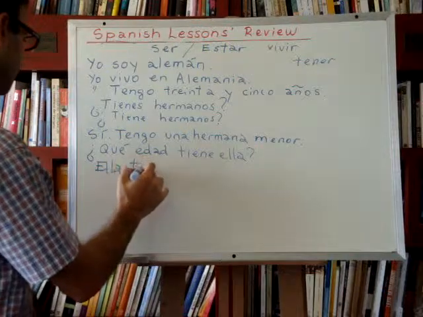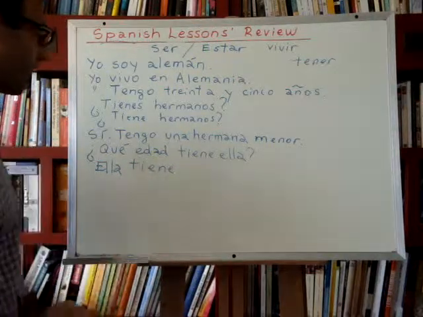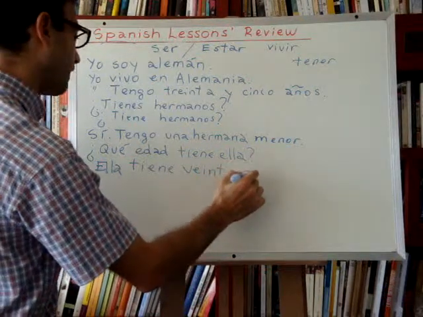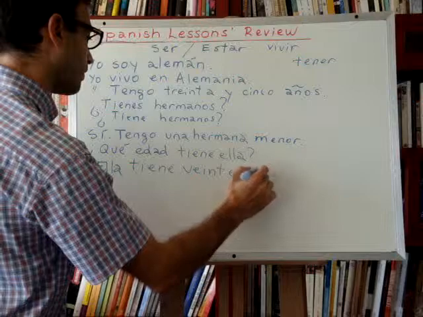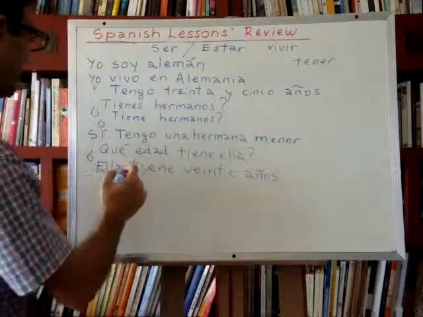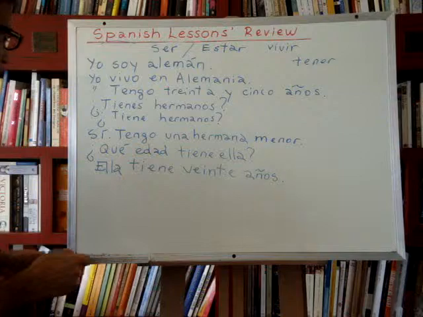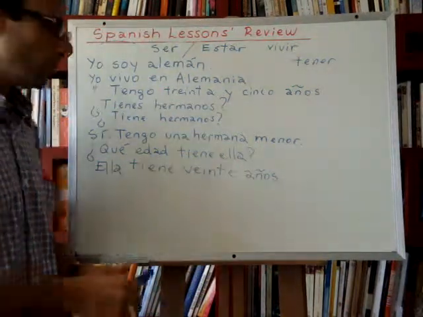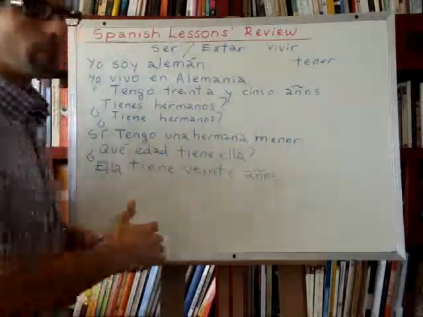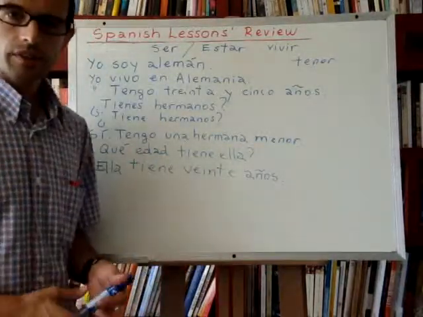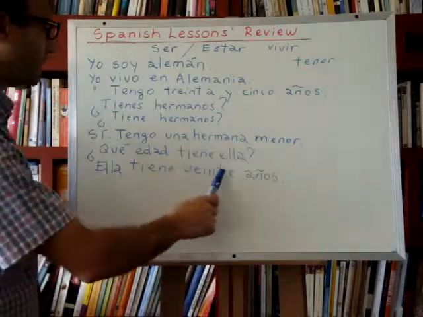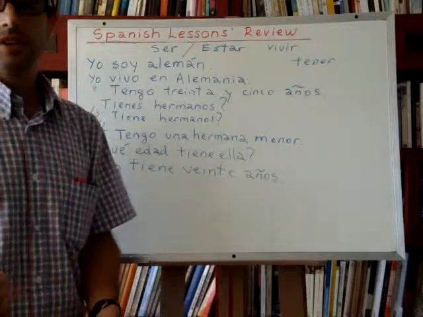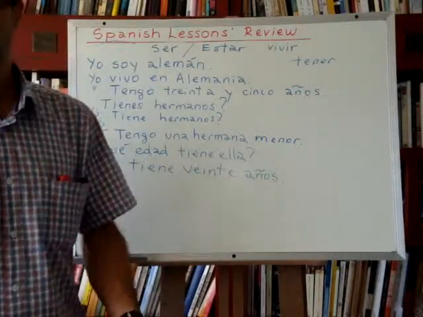Ella tiene 20 años. Right? Ella tiene 20 años. She has 20 years, right? If we want to give the complete answer, we would say ella tiene 20 años de edad, which would be she has 20 years of age, right? She is 20 years old, okay?